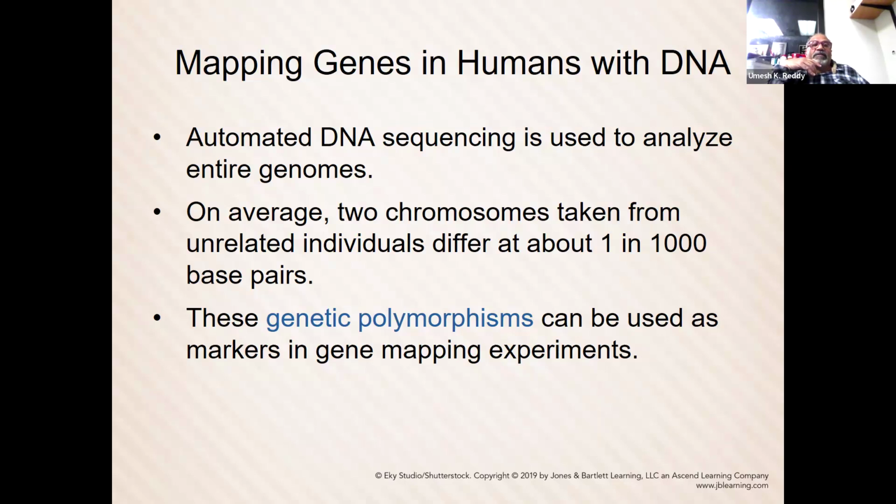And the second topic is, how do we do mapping in humans? Most importantly, most of you are medical doctors or future medical professionals. So you need to know how the genes are mapped in humans. You cannot make crosses.